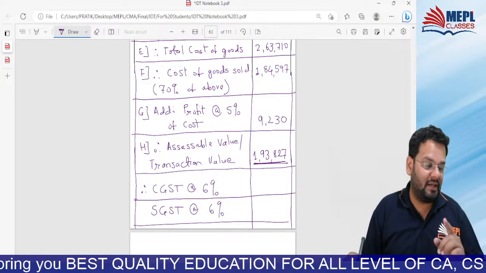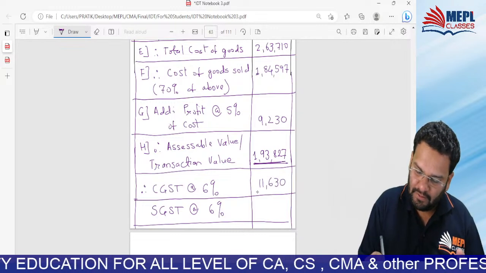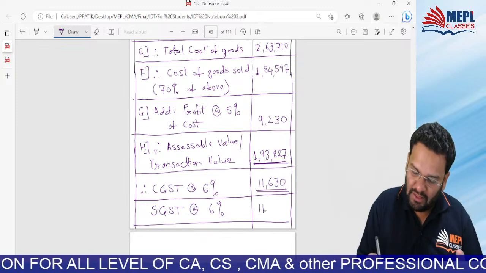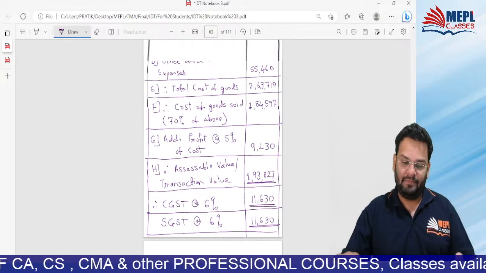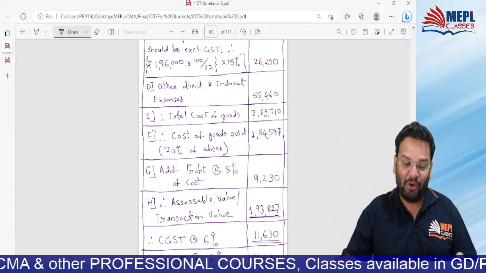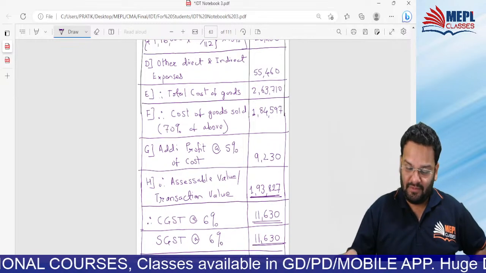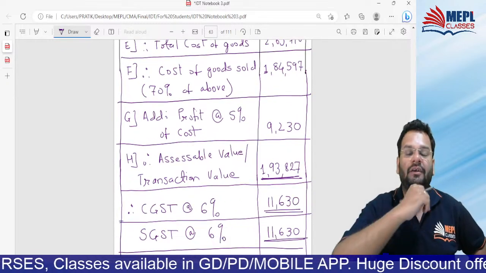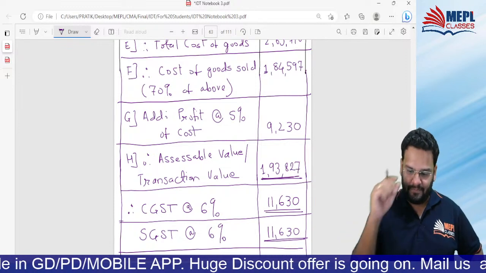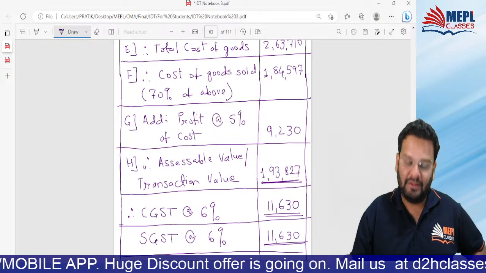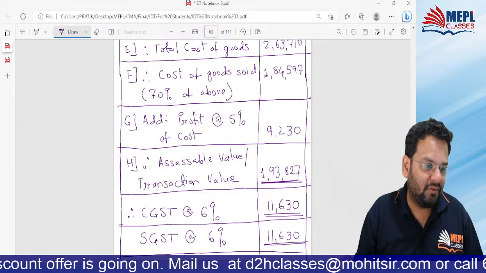Are you getting 11,630 each? Guys, almost we have reached to end of this solution. Are you with me till this point? Have you got 11,630 each? Let me know in the chat window.